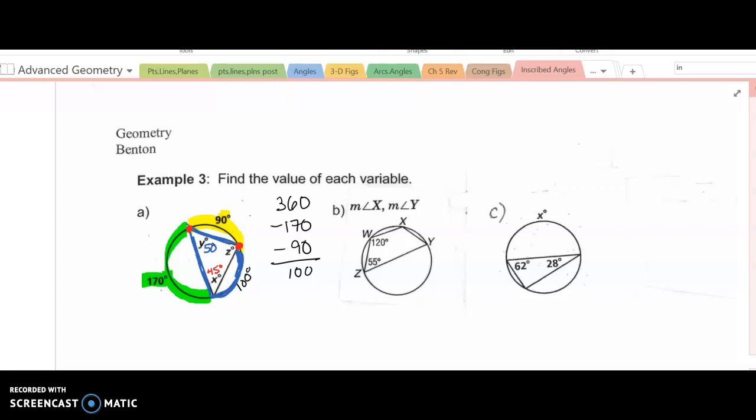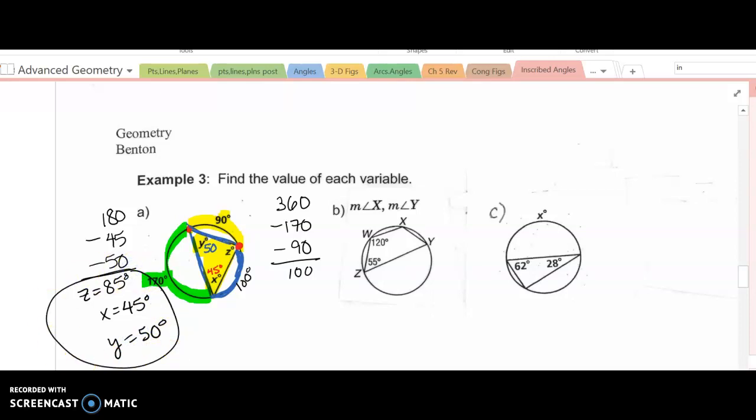You can either use the fact that Z is going to be half of 170, or you can use all the angles in this triangle add up to 180 to find Z. Either way gets you there. So 180 minus the 45 minus the 50 gives us 85 for Z. So X was 45 and Y was 50. There's all of our answers.